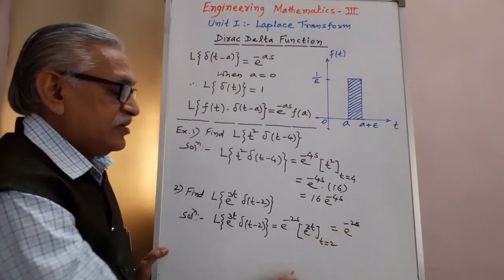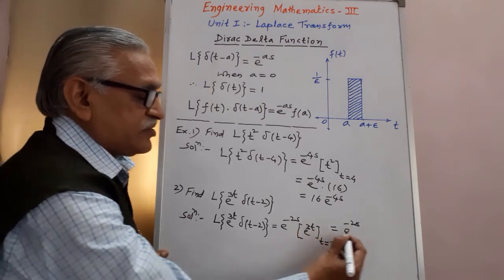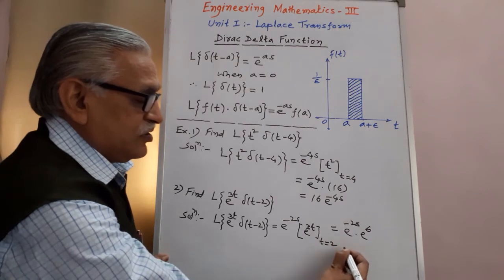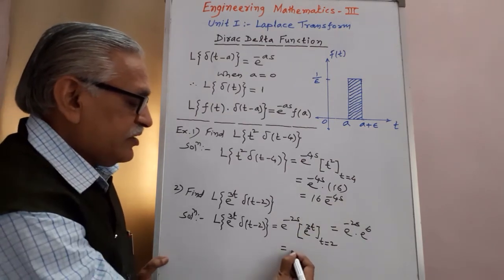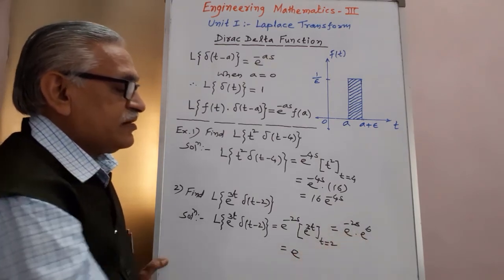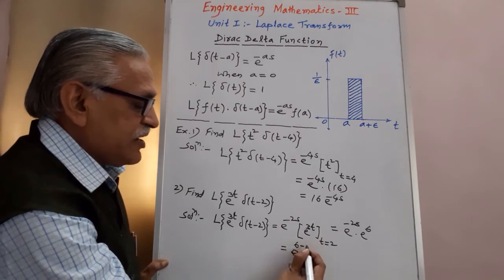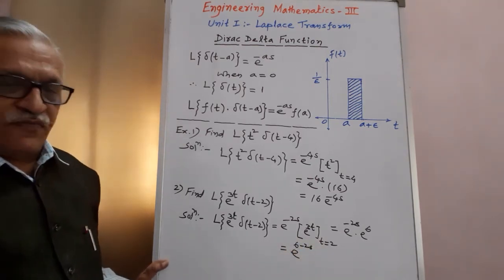Put the value of t as 2, we get e raised to 6, and therefore if we simplify it, we can add the powers, and it becomes e raised to 6 minus 2s, which is the Laplace transform of that function.